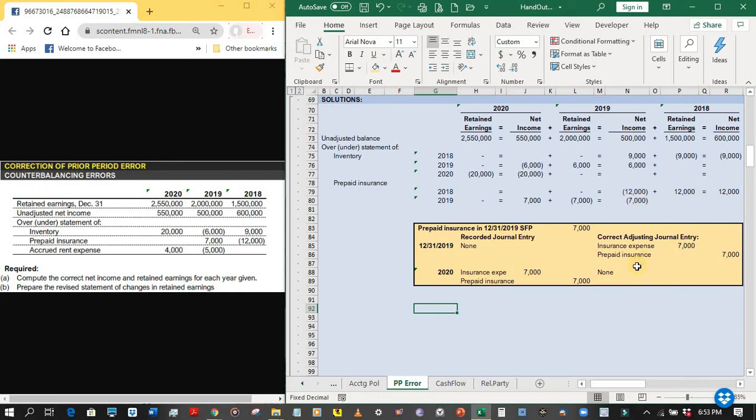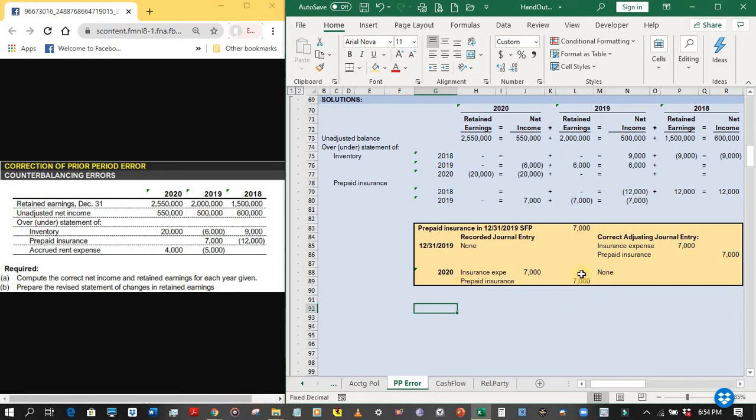And in 2020, there should be no more journal entry recorded related to the 7,000 insurance. However, the books of the entity recorded a journal entry in 2020 related to the 7,000 insurance, and that is the debit to insurance expense and credit to prepaid insurance.